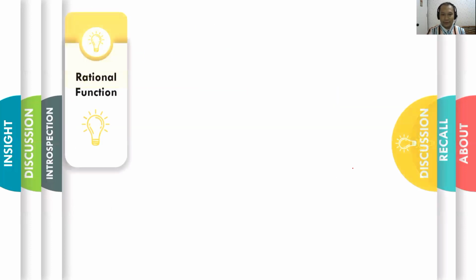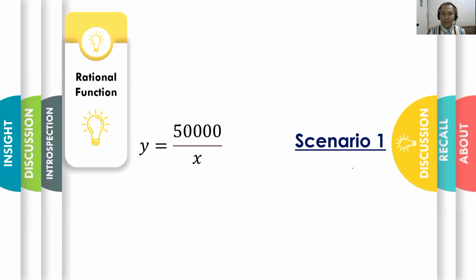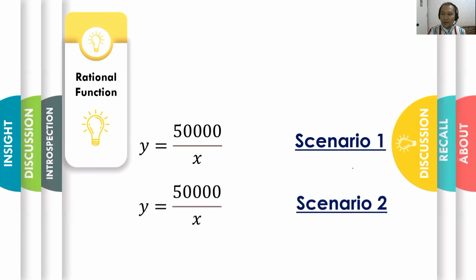Okay, now, based on our scenario number 1 and scenario number 2, we do have y is equal to 50,000 over x. Then we also have 50,000 over x plus the 250.